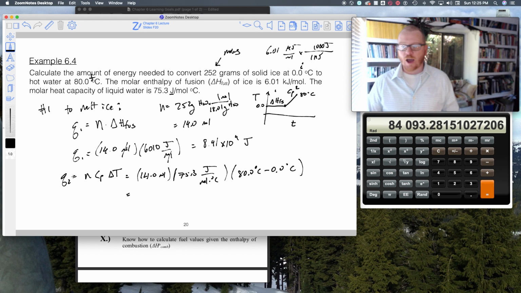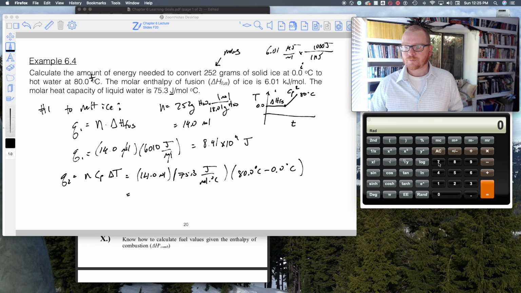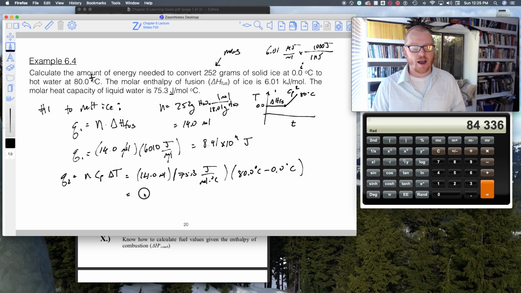So that's going to be 14.0 times 75.3 times 80 minus 0, which is 80. For this one, I get 8.43 times 10 to the 4th joules.